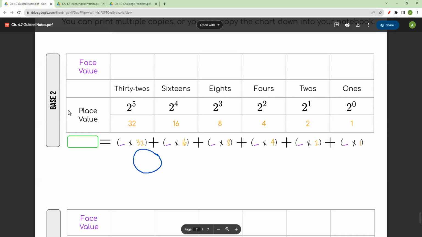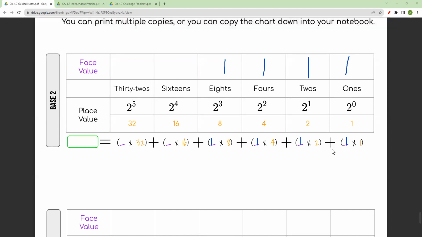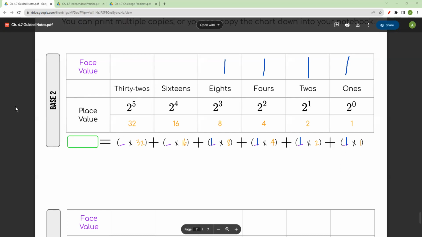Come over here to your notes, to the base 2. Plug it in, 1, 1, 1, 1. That's your face value. And then do expanded form and then figure out the answer. So 8 plus 4 plus 2 plus 1. That'll give you the answer. Okay, that's why I said you might want to print out more than one copy or write it down more than one time, because you can use this for that.